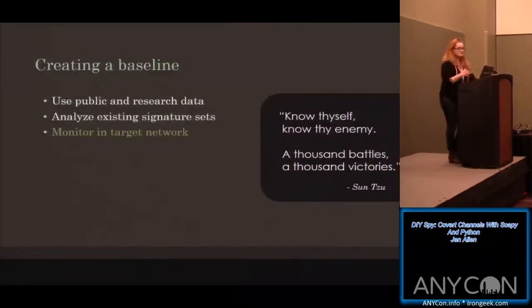We can do this in a couple ways. You can say, okay, I'm on an IP network. I can use public and research data, right? You can go out there and find a lot of information about statistics on an average IP network or any other public protocol that you land in. You can also analyze existing signature sets. This is a great way of hitting the masses. If you want to go into a network and get 9 out of 10, look at the signature sets for products that are designed to catch bad activity.